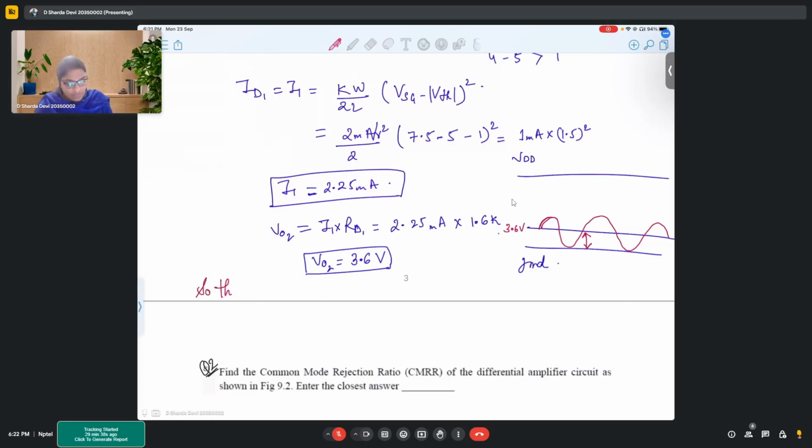So the output swing would be 3.6 volts in negative. 3.6 volts, maybe I should say amplitude. This is the maximum amplitude that you can get in this particular circuit.